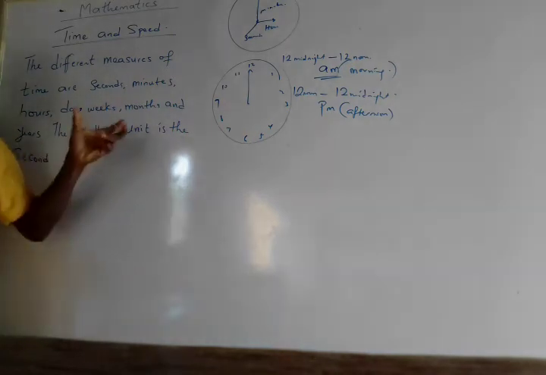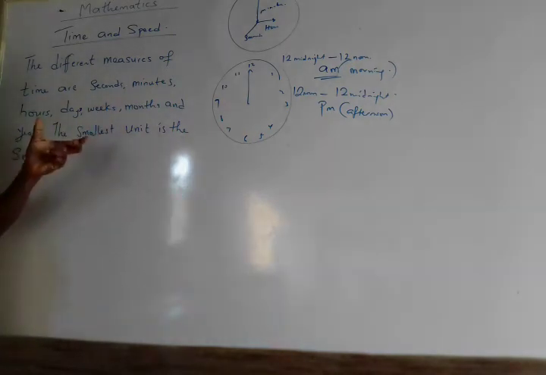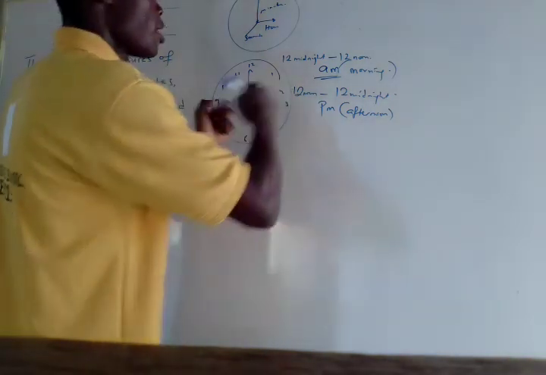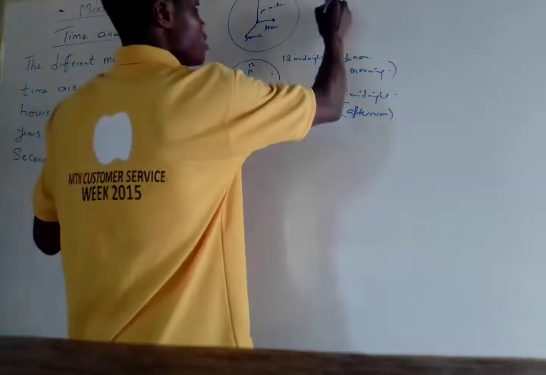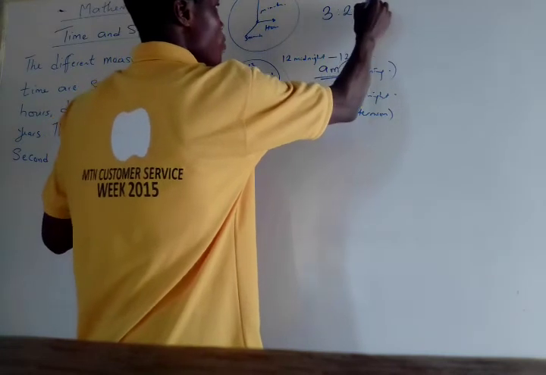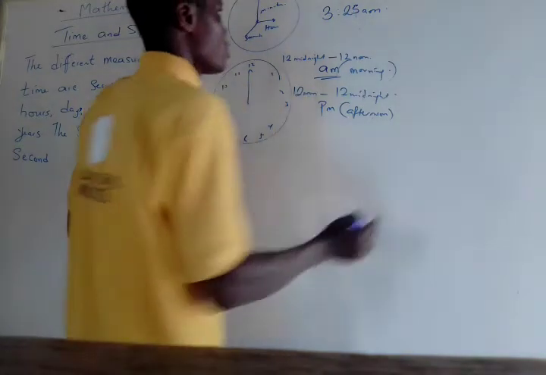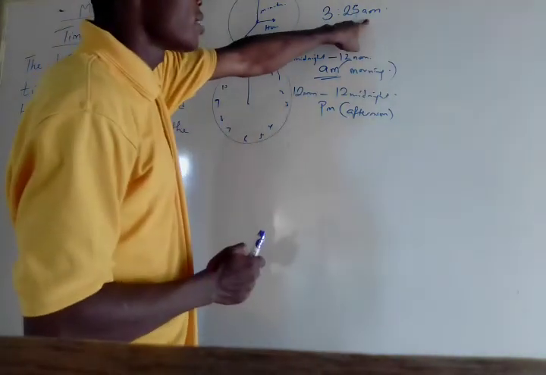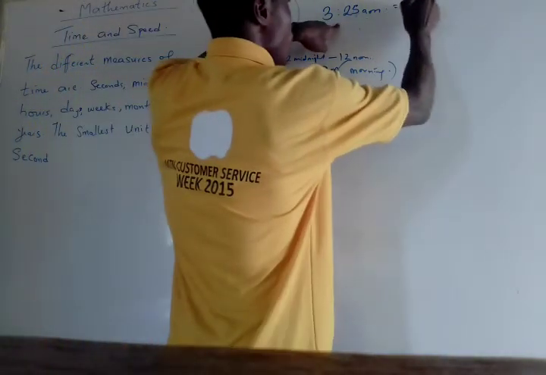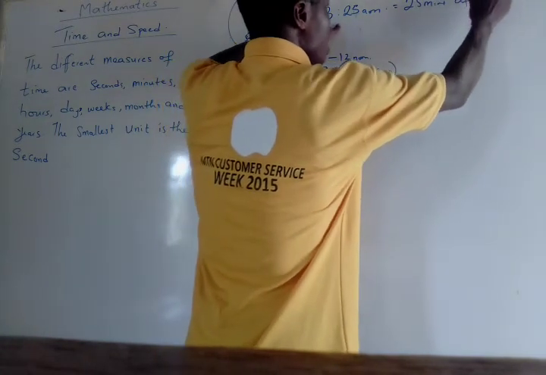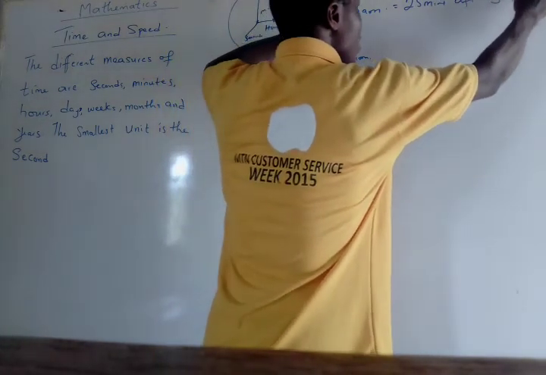Now, another point you need to keep in mind has to do with how you measure your time. For example, if I say 3:25 a.m., what I'm saying here is 25 minutes after 3 in the morning.